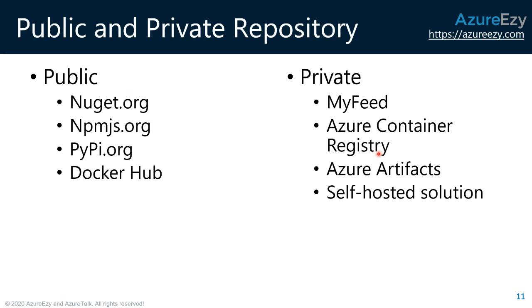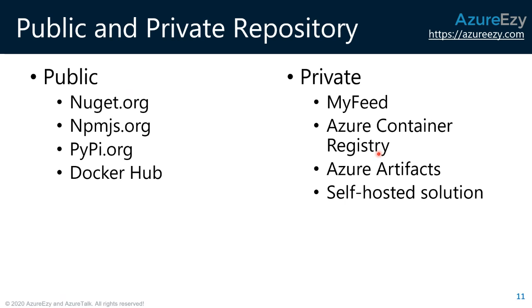And then you have certain solutions like JFrog Artifactory. We have not named it here, but this is one of the options you have, which gives you a self-hosted solution. JFrog Artifactory is a package management system where you can host your artifacts on-prem, and it gives you similar solutions to what Azure Artifacts gives. The only difference is that Azure Artifact is an online SaaS solution, while JFrog also gives you an on-prem solution.